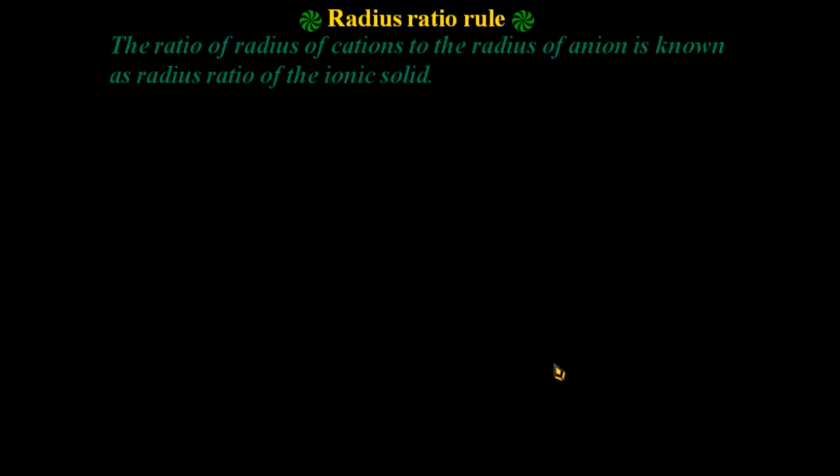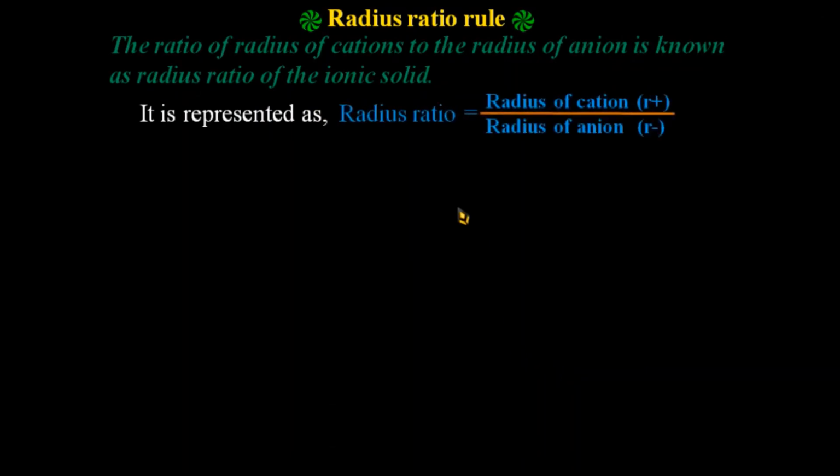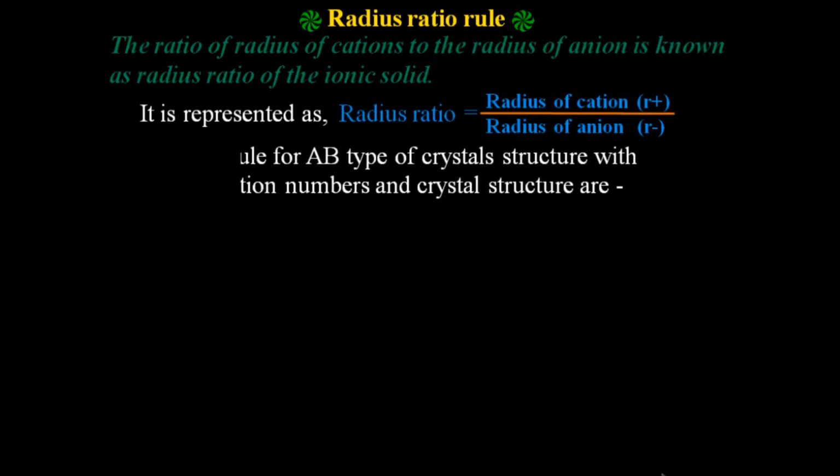Then, the radius ratio rule is useful in predicting the crystalline structure of an ionic compound, and it is represented as radius ratio equal to radius of cation divided by radius of anion. The structure of an ionic compound depends upon its stoichiometry and the size of ions.